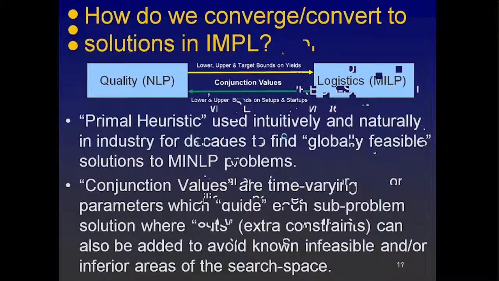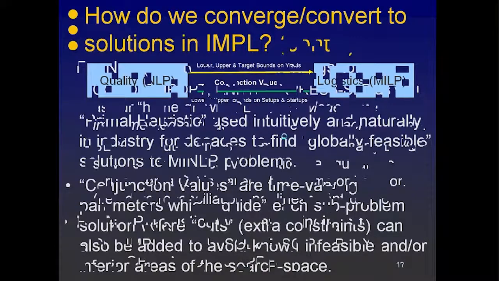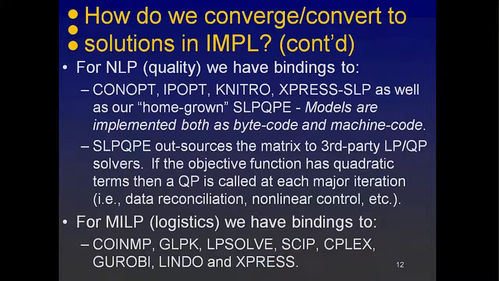Okay. In terms of the types of solvers that we support, basically we support all of the NLP stuff like CONOPT, IPOPT, KNITRO. We had a discussion previously. This is how I met Alkis. Honeywell started with Dash XPRESS SLP, which, in 2001, there was not a commercial SLP out there.